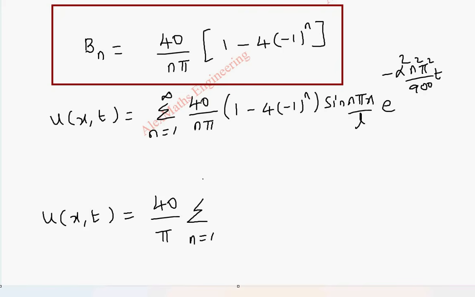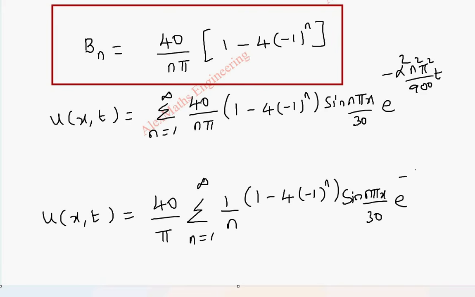Now summation n is from 1 to infinity, we have 1 by n, then 1 minus 4 into minus 1 whole power n and sin n pi x by L. Actually, this L can be written as 30 because in our sum L is 30. So this is sin n pi x by 30 and the last term is e power minus alpha square n square pi square t by 900. This is the solution for the given problem.